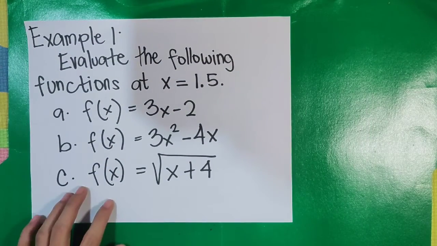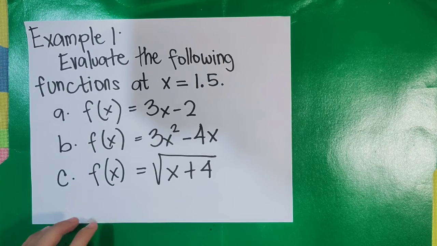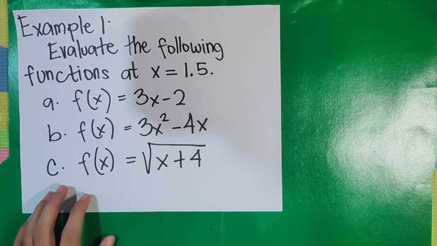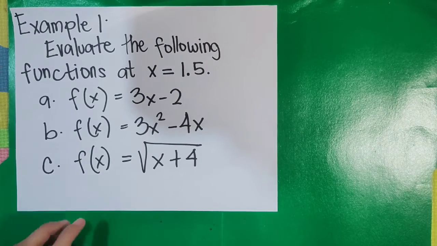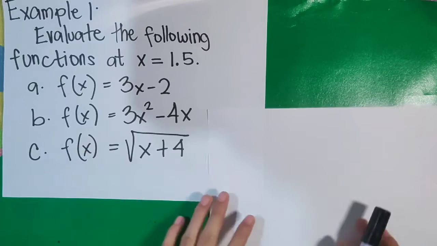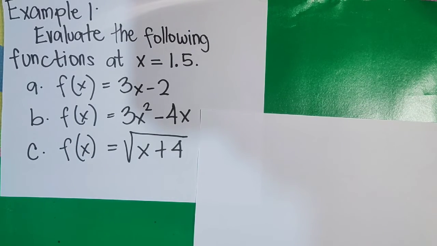Example number 1. Evaluate the following function at x equals 1.5 if f of x equals 3x minus 2. First, you only need to copy the given equation.